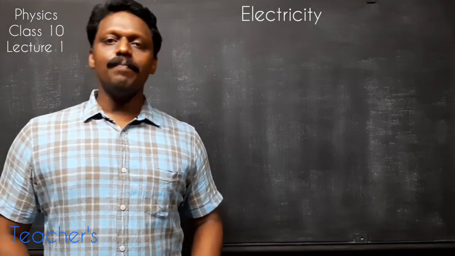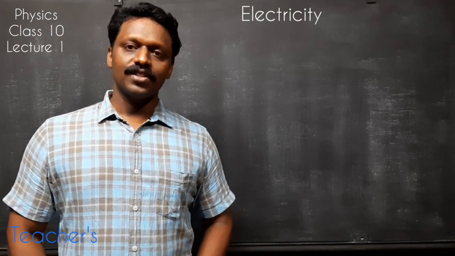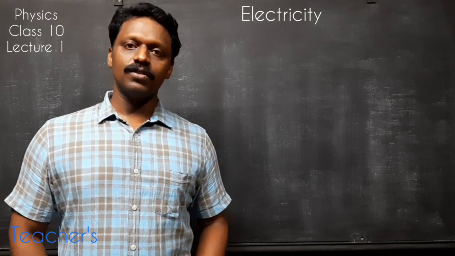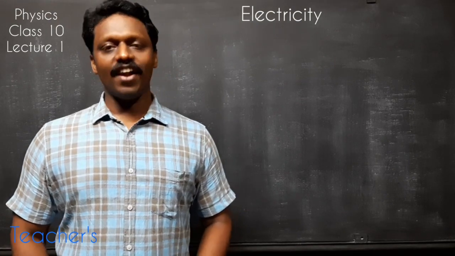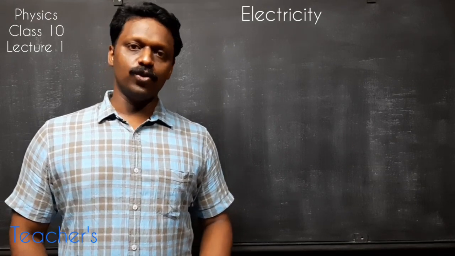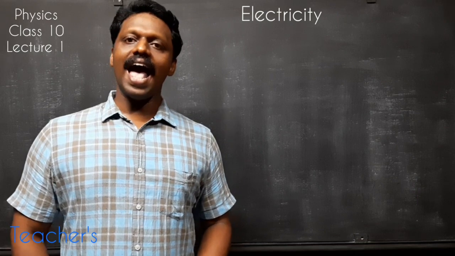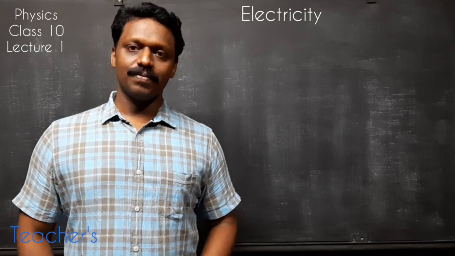Electricity is an important source of energy in modern times. Electricity is used in our homes, in industry, and in transport. For example, electricity is used in our homes for lighting, operating fans, and heating purposes.